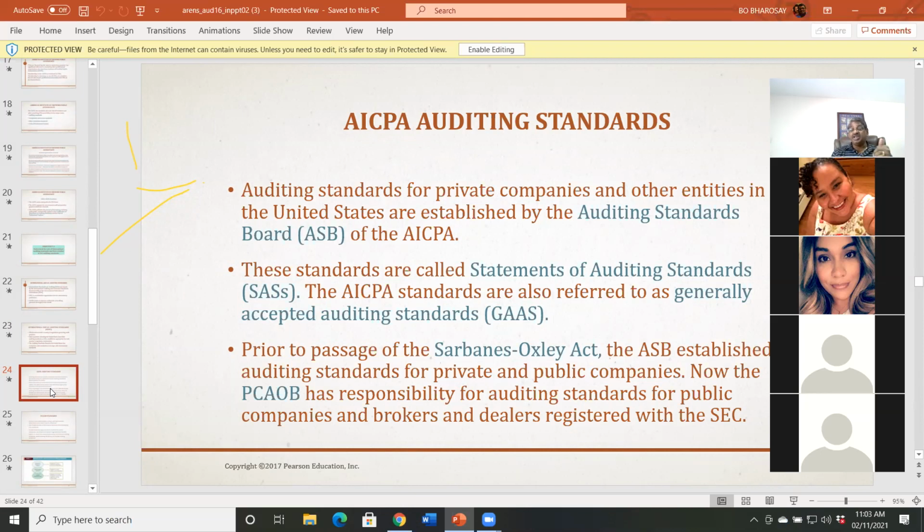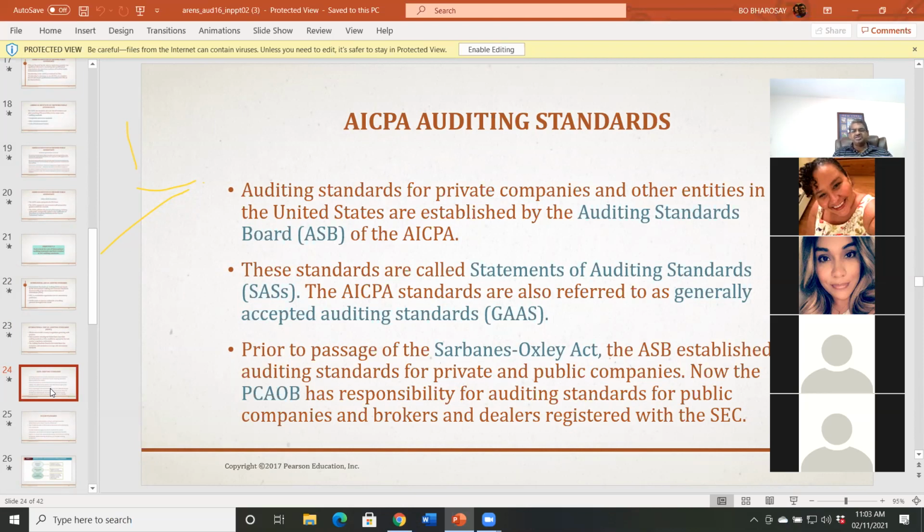That person must be competent, independent, and must perform their work with due professional care. The second category of standards is called the standards of field work. They call for proper planning and supervision, an understanding of internal control, and gathering of sufficient competent evidence.